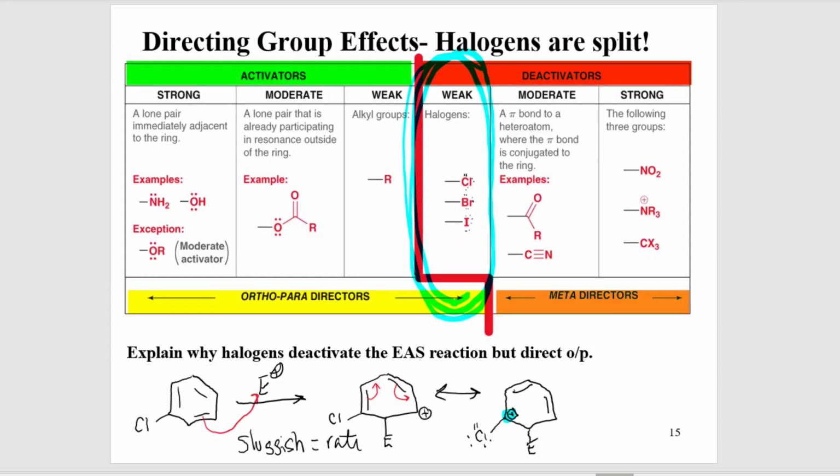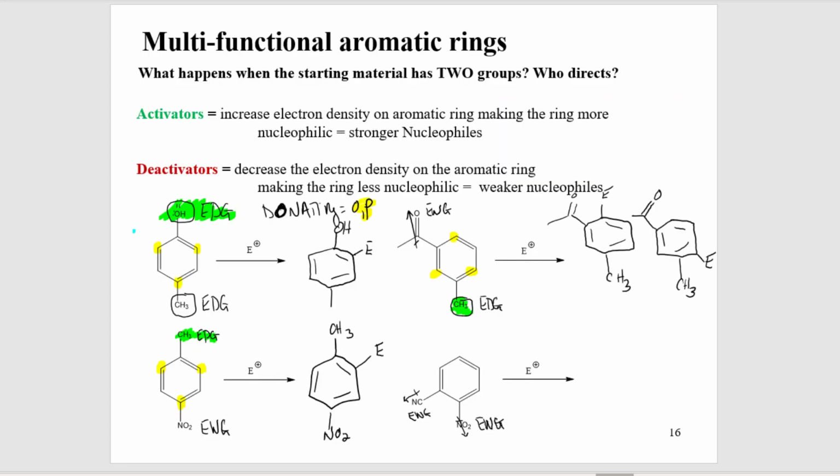Go back to the list. It's a deactivator, but it's not as bad as the ones far to the right, because it has a dipole rather than an actual positive charge. So the boss, the reluctant boss, is this withdrawing group. Since we only have withdrawing groups, we pick the not as bad withdrawing group as the boss.